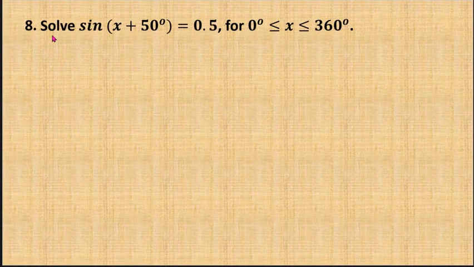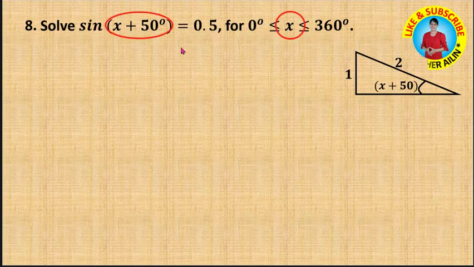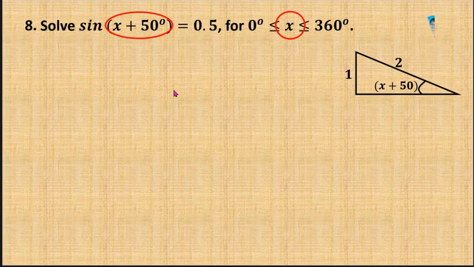Next example, solve the equation sine of x plus 50 equals 0.5. For this question, the angle is x plus 50. But the range given is the range of x. They are different. So, first of all, I must determine the range of the angle according to the range given in the question.